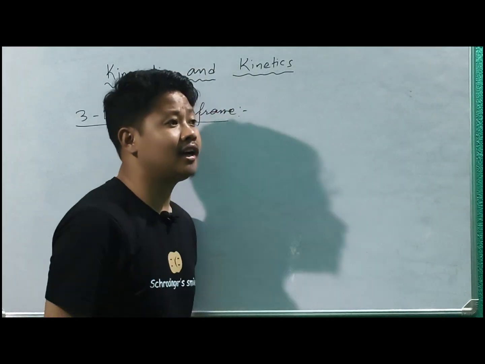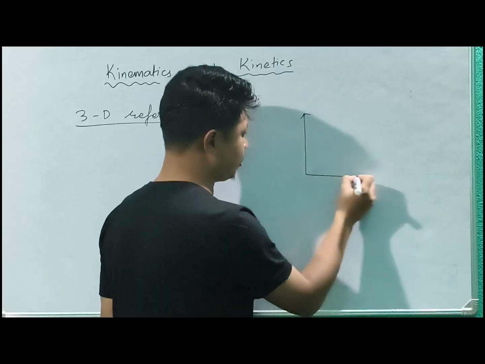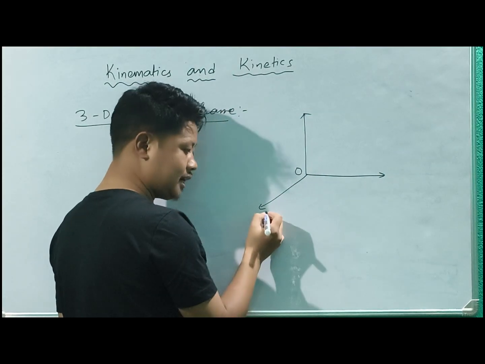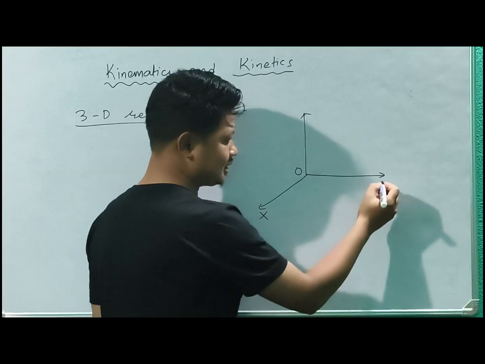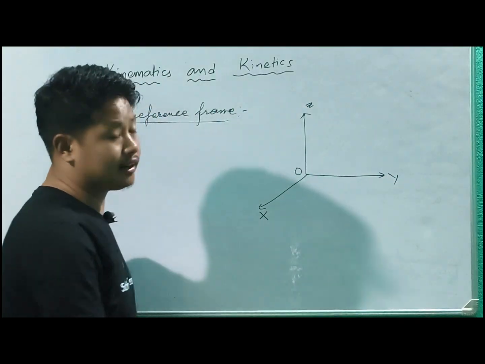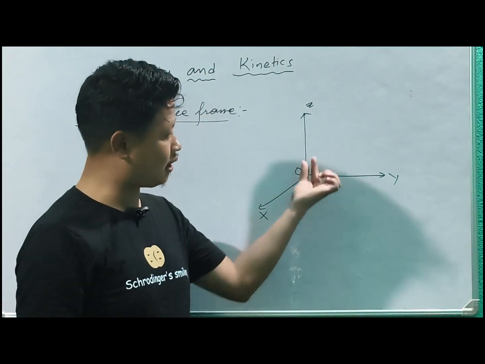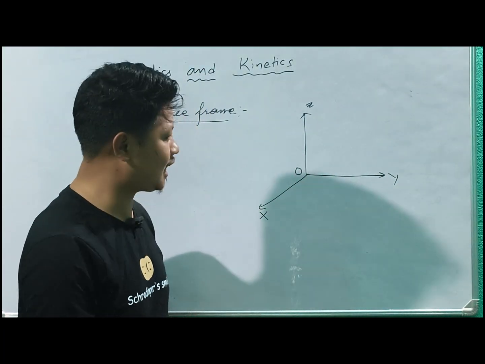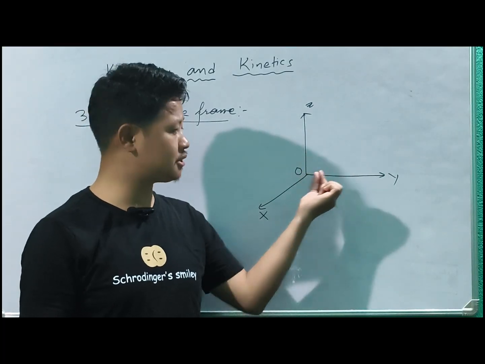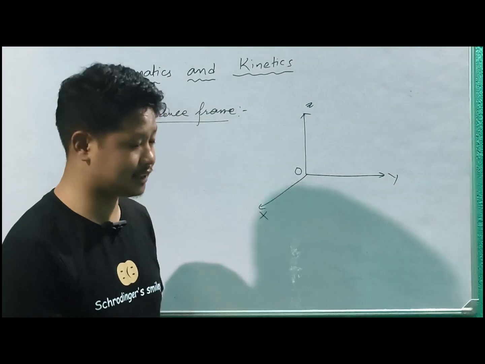Now, for the 3D reference frame, we have to draw the three coordinate axes. This is my origin, this is, let us say, my x-axis, this is along the y-axis, and this is my z-axis. Now I will consider a point or a particle exactly here in space, which has some distance from the x-axis, the y-axis, as well as the z-axis.